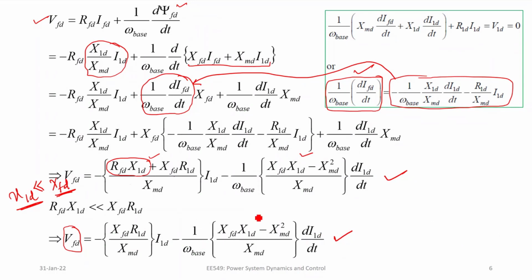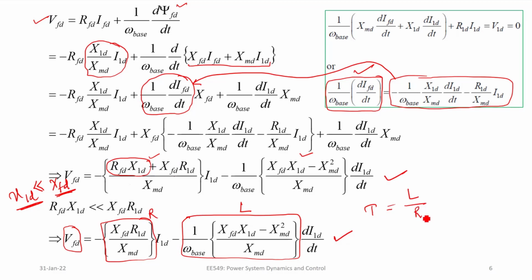Now, if we say that this is one RL circuit, then this will represent your L, this will represent your R, right? R i plus L di by dt. So therefore, I can write the time constant as L by R, right? So what I'll do, I'll divide this L term by the R term.